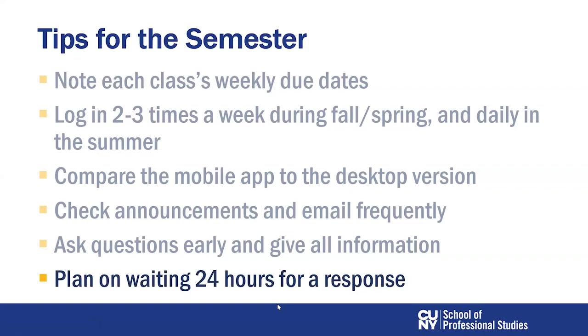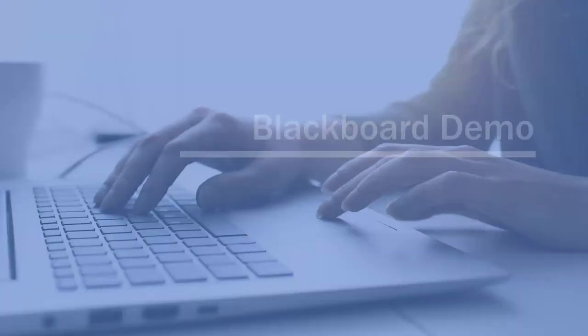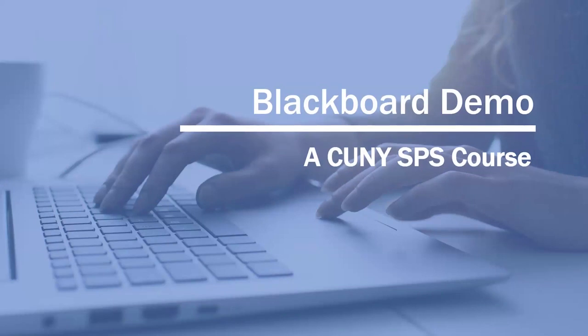So I have a couple of questions that are popping up before I go into this CUNY SPS course. One question is, is it okay if I'm not registered for classes yet? I would say yes. However, you're going to want to register very soon, particularly if you think you are someone who would benefit from orientation.